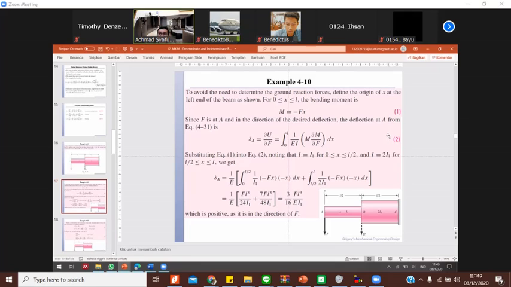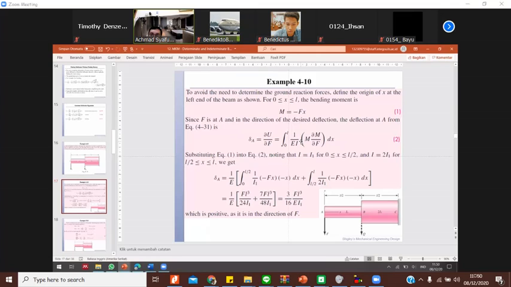This is the derivative of strain energy with respect to Q. So the potential will be like this.